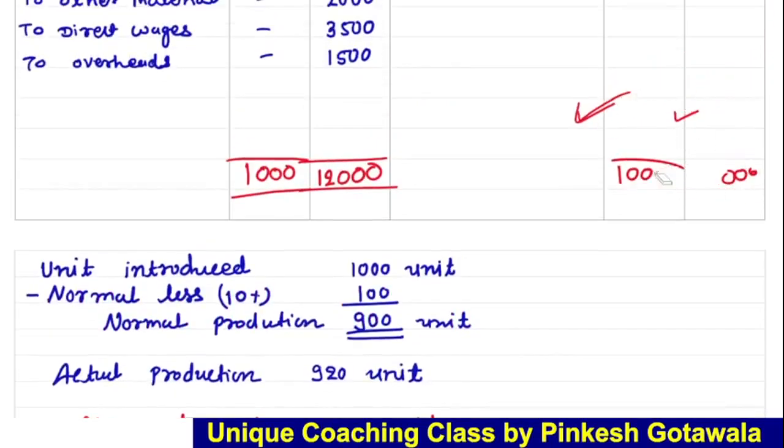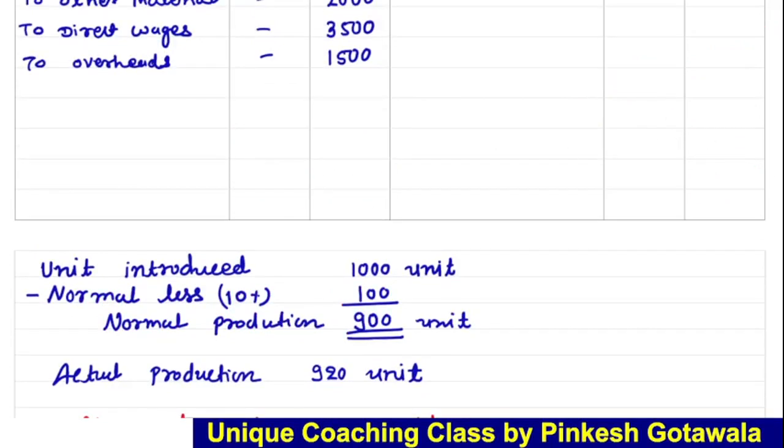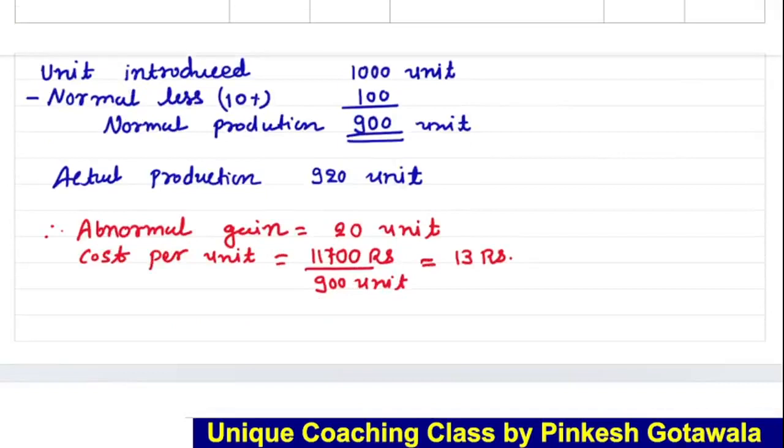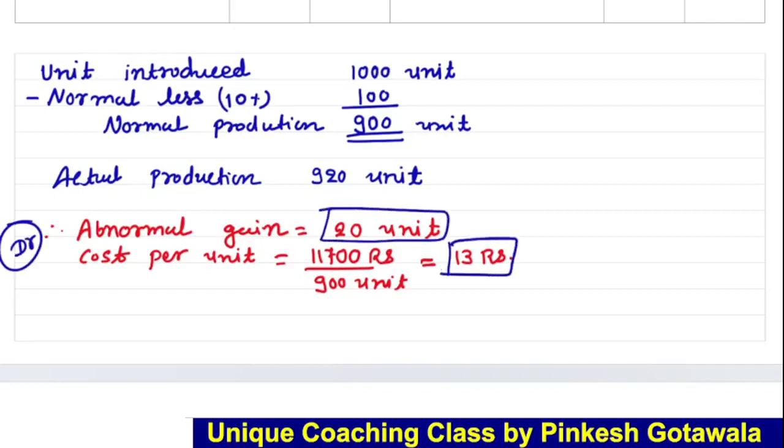Now I erase all these things. Now let's give this effect to abnormal gain. So where does abnormal gain come, debit or credit? Remember we give loss on the credit side, so gain will be on the debit side, right? So abnormal gain on the debit side. How many units? 20 units and the per unit cost is 13 rupees.